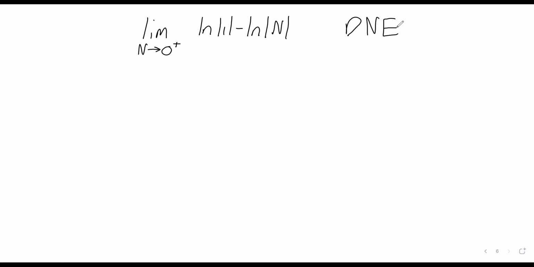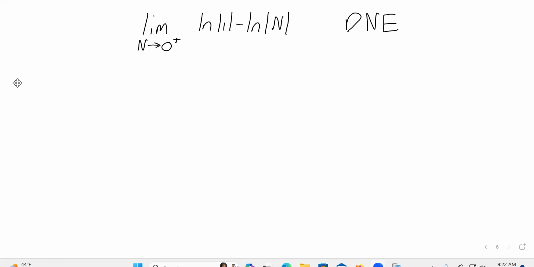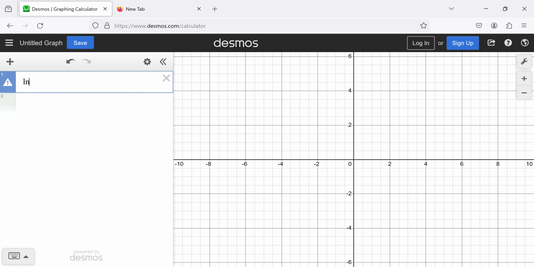And we could also look at this graphically. Like we could go to Desmos and we could say, hey, Desmos, we want to look at the natural log of 1 minus the natural log of n.